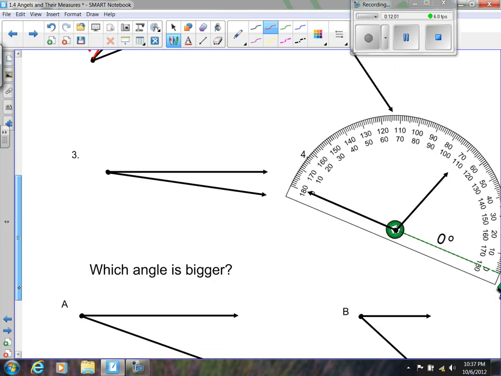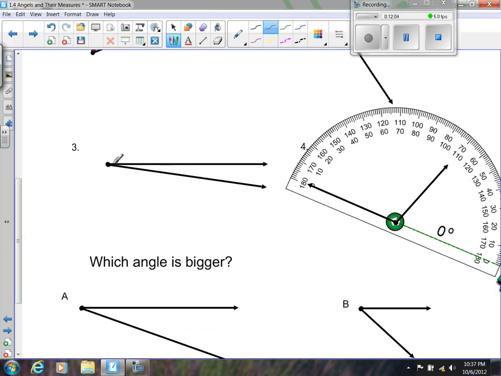This angle down here is pretty small. There's my right angle. Split it in half. That's a 45-degree angle. That looks like maybe 1, 2, 3 of 45. So I might say 15 degrees.